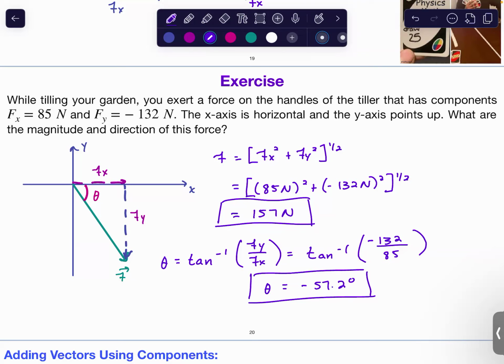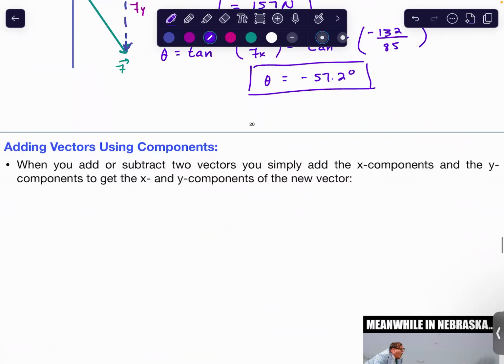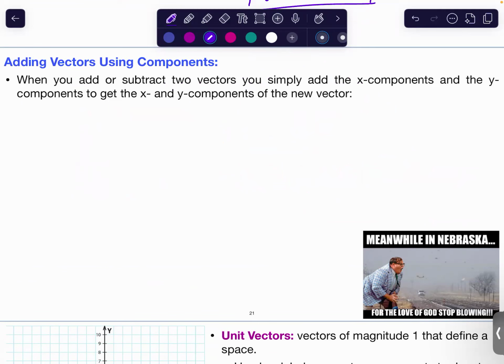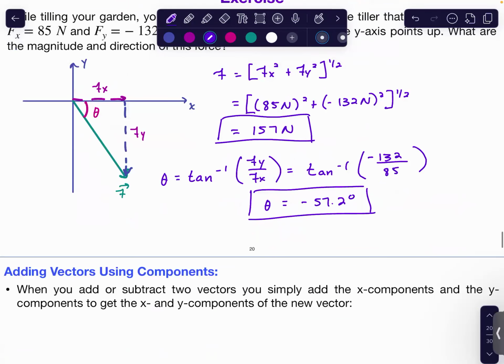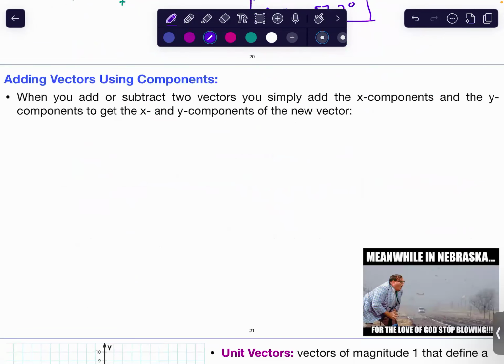Now, this is the part you're really gonna wanna latch onto: adding vectors by component form. Once you figure out your components, adding the vectors together becomes really super simple.